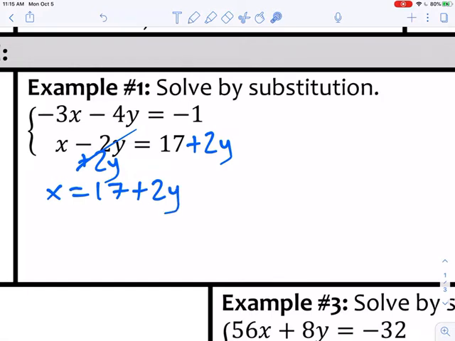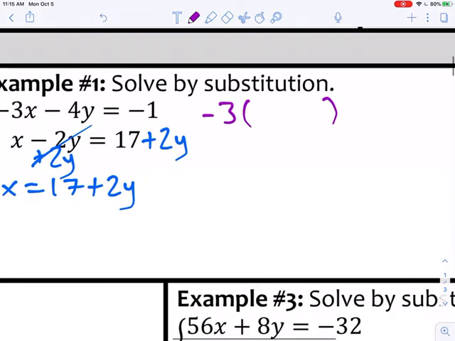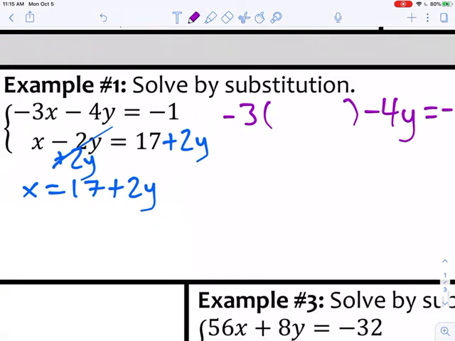I can now take what x is equal to and replace it in my other equation where x is. So I'm going to take this -3, and since I know what x is, I'm going to put some parentheses, minus 4y equals -1. Notice we're using the other equation here, and I'm going to take what x is and substitute.